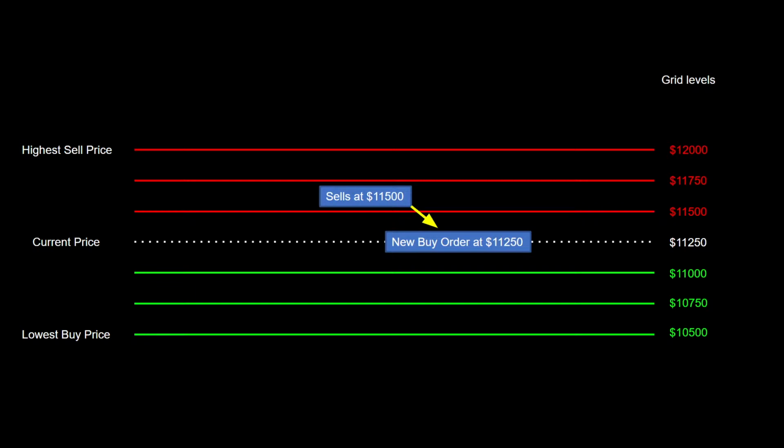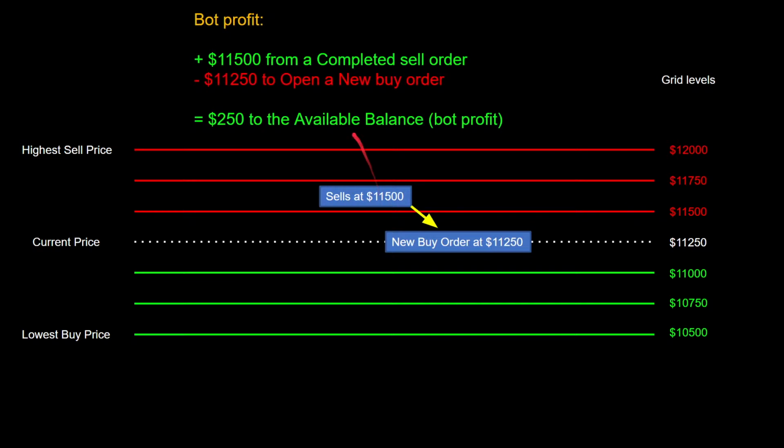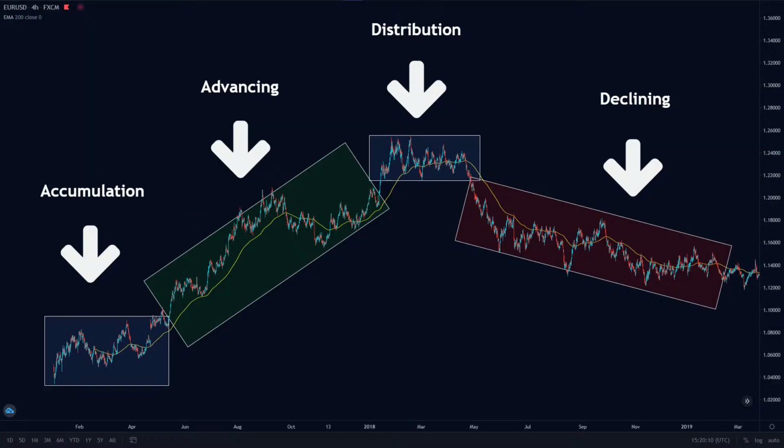Whereas the difference in this case is the profit, which goes directly to your balance, which you can actually use for other purposes, like for manual trading, or maybe to use this money to launch new automated bots on other cryptocurrencies. So it's fully up to you.